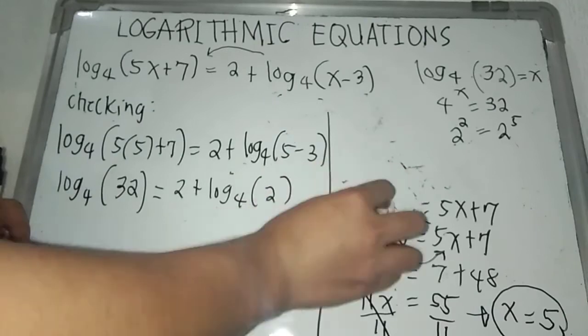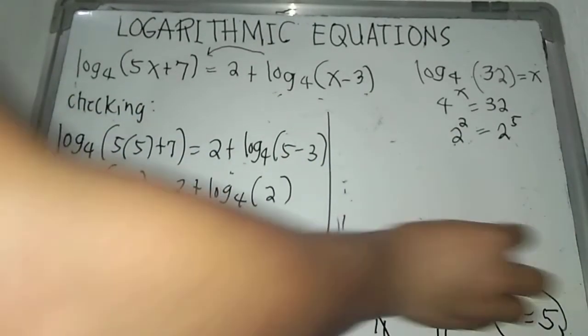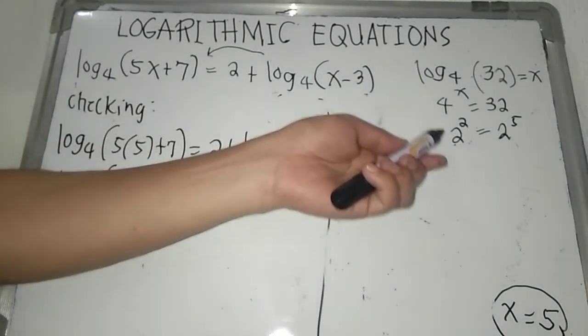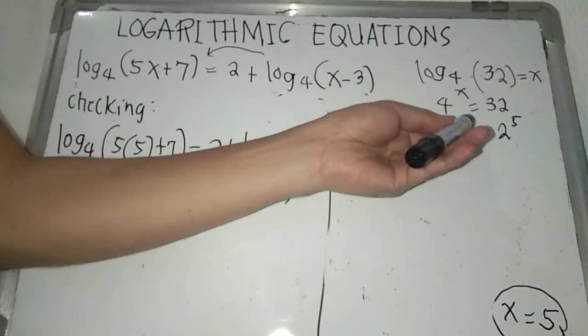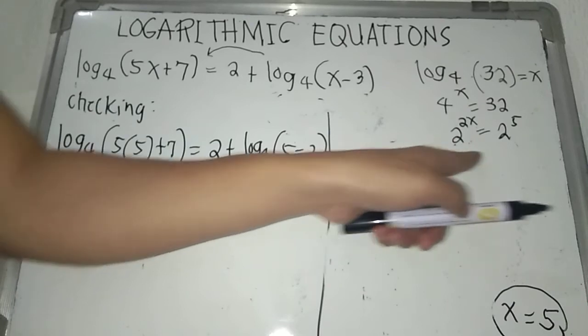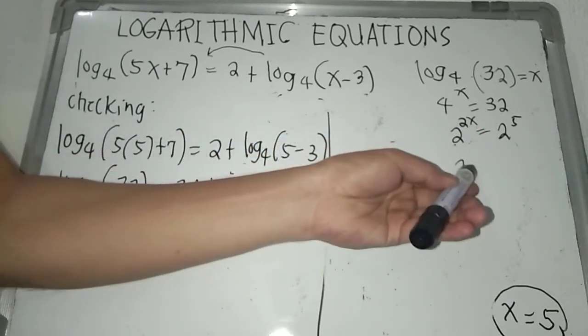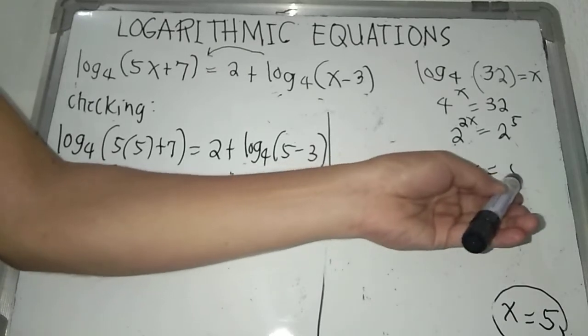There is still a variable x, so you have to copy that also. And since they have the same base, you are going to bring down the exponents. So we have 2x is equal to 5.